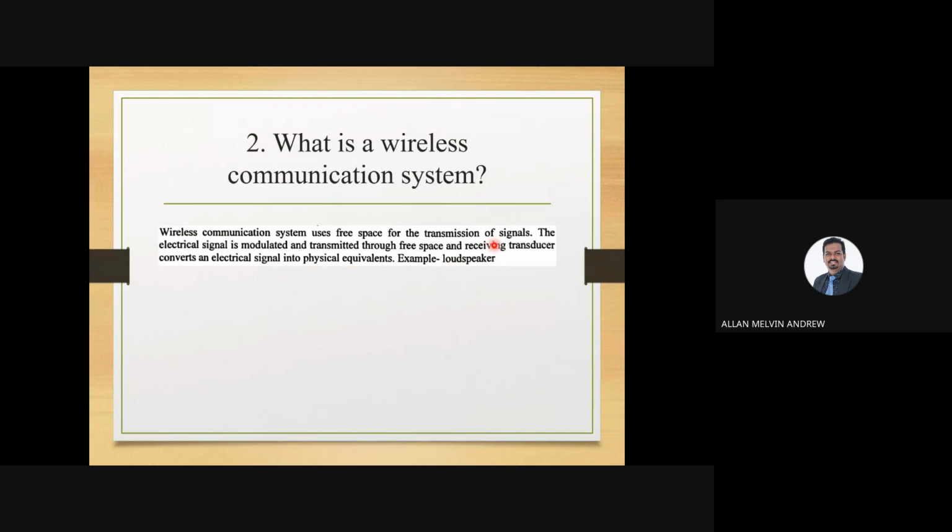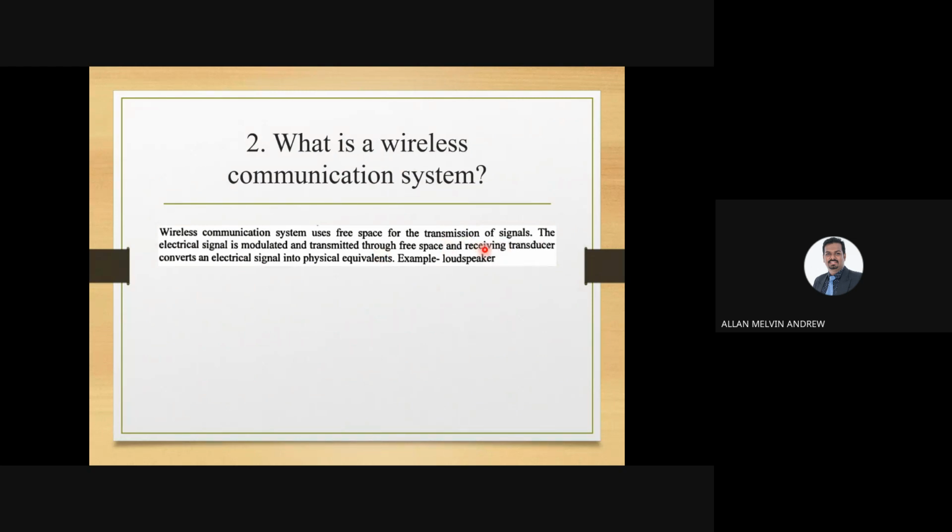Because the question is "what is," you can explain a lot of things. Here they say you are using free space, so how do modulation and demodulation happen? Modulation happens in the transmission circuit, and demodulation happens in the receiving circuit.